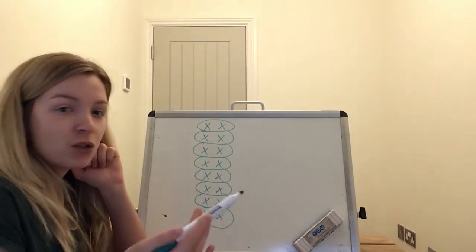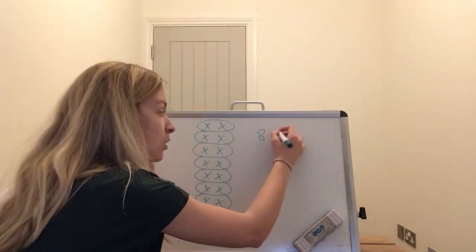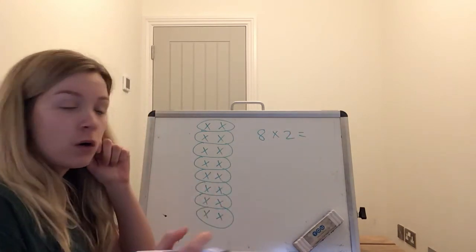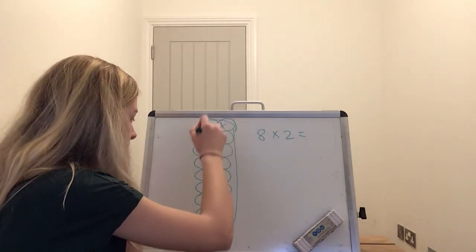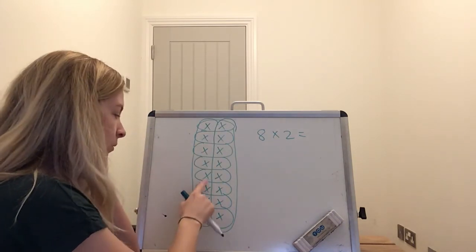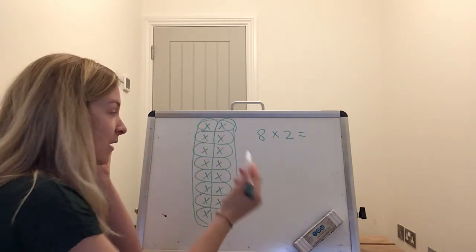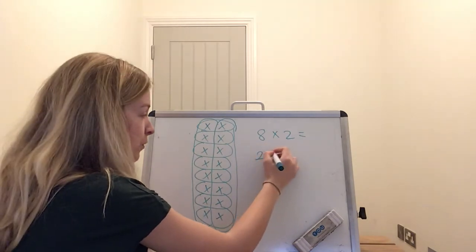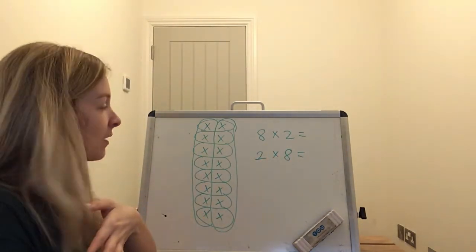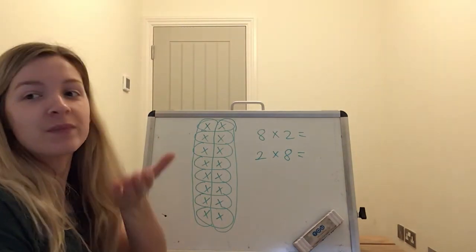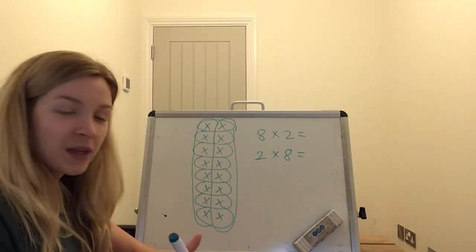So we have 8 groups of 2, 8 lots of 2, or you have 1, 2, 3, 4, 5, 6, 7, 8. You have 2 groups of 8. Okay, so does it represent an 8 times table calculation? Yes, it does.